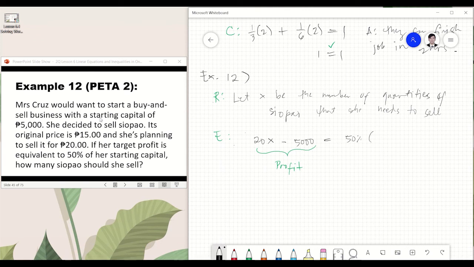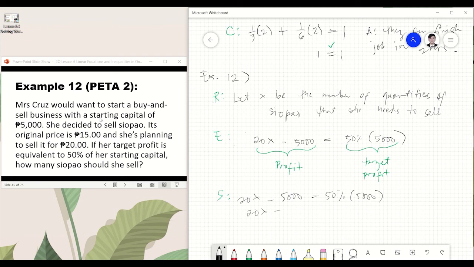So, parenthesis, of the starting capital which is 5,000 pesos. So, ito yung target. Target profit. So, there you go. Ito yung equation. So, you'll be able to identify the number of quantities by solving for X.